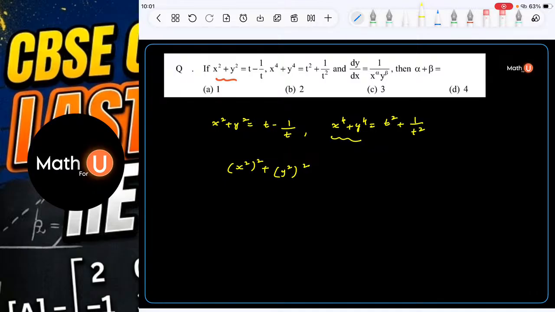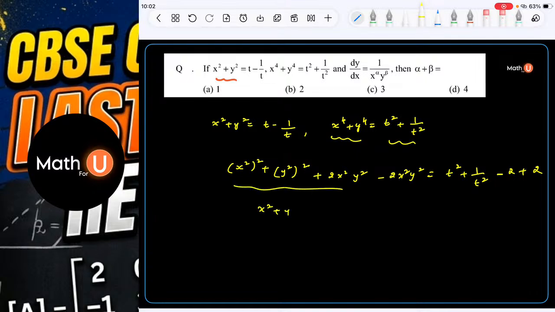If I add and subtract 2x square y square, that is equal to, on this side also, t square plus 1 by t square, and I add and subtract 2. Then this can be written as x square plus y square whole square minus 2x square y square.